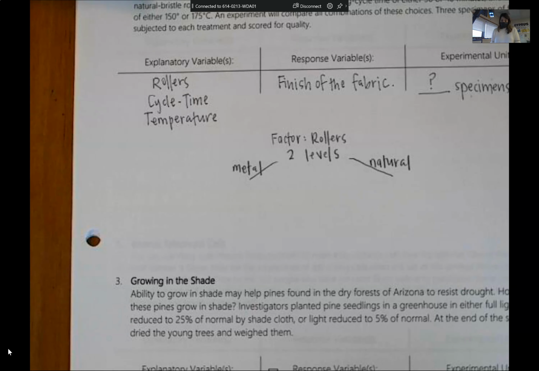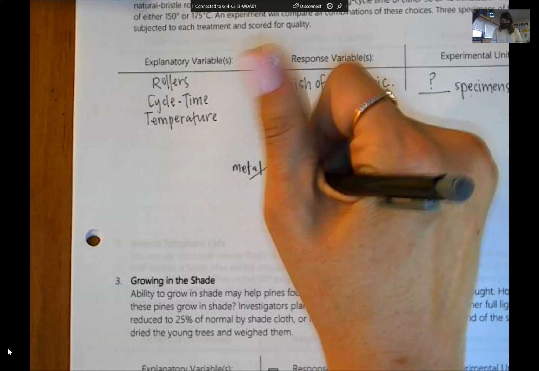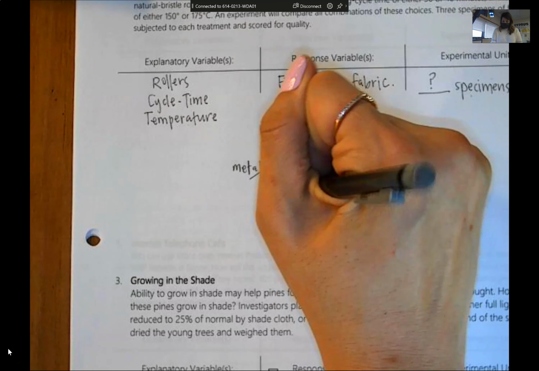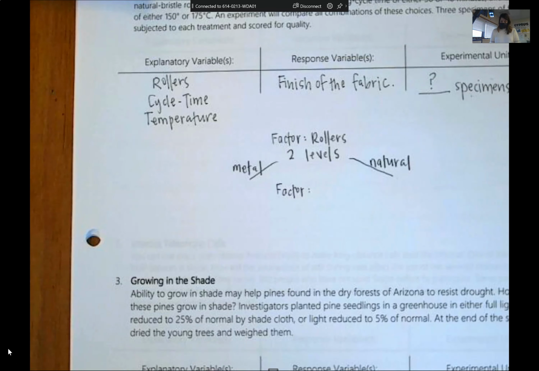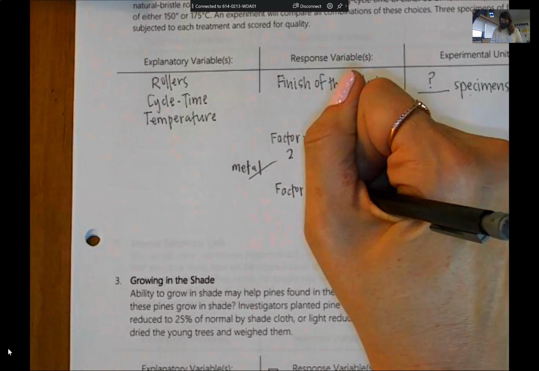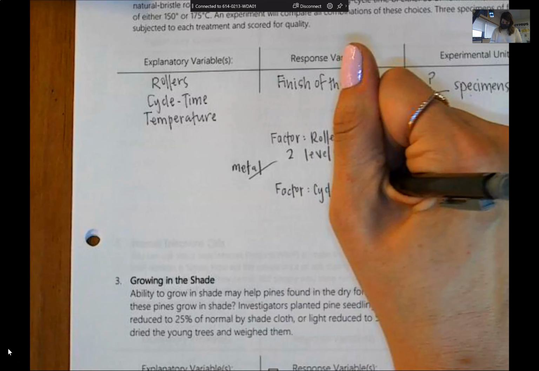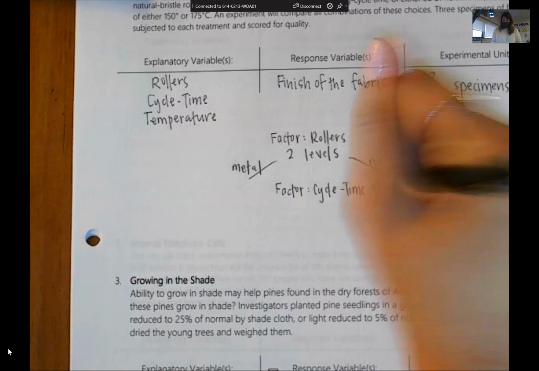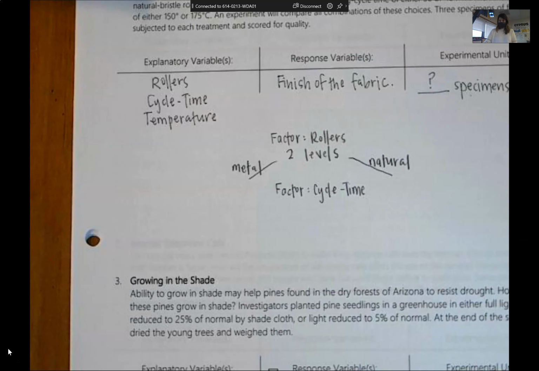So the first part is the top factor. So this is going to look slightly different. That is cycle time. How many levels did that have? 2.